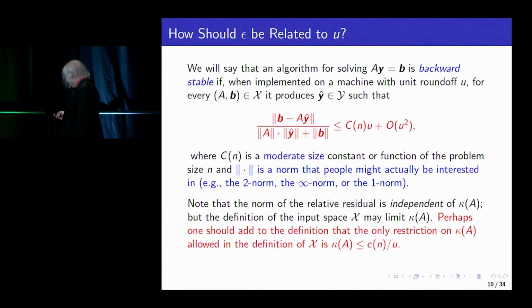So perhaps one should add to this definition that there's always an implicit restriction in the input space on what the condition number of A can be. A cannot be a numerically singular matrix, meaning that as soon as you round it, you might get a singular matrix, because then who knows what you'll end up with. So perhaps one should add to the definition that the only restriction on the condition number of A allowed is that it be less than a moderate sized function of n divided by the machine precision.